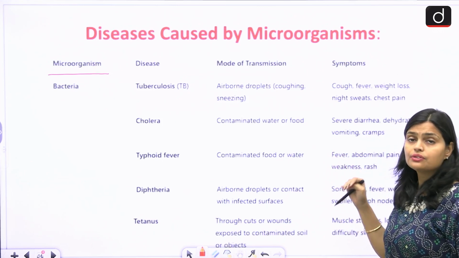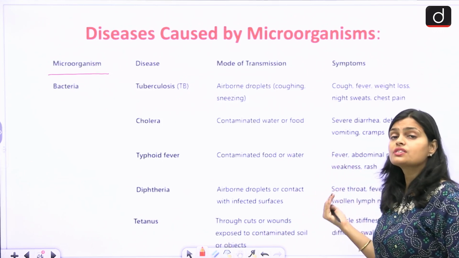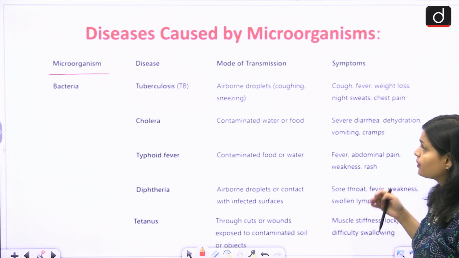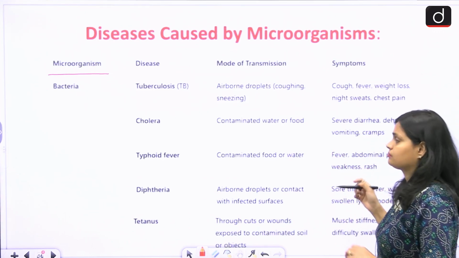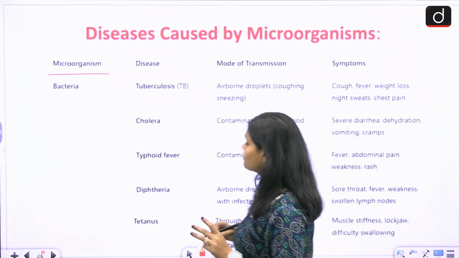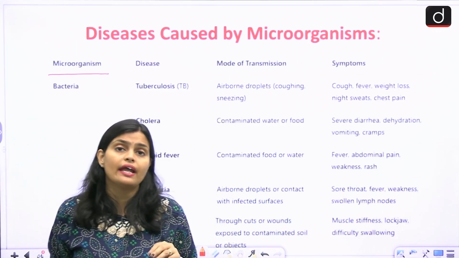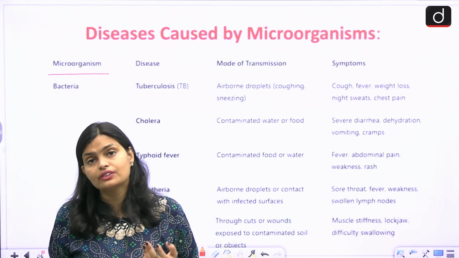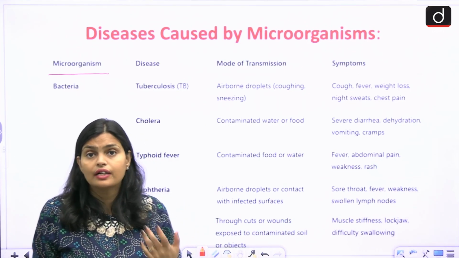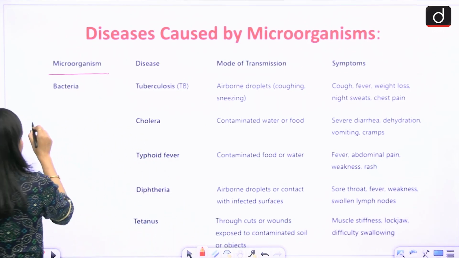Here you are going to learn how microorganisms cause disease in our life. You may get questions where they directly ask you which disease is caused by which pathogen. What are pathogens actually?